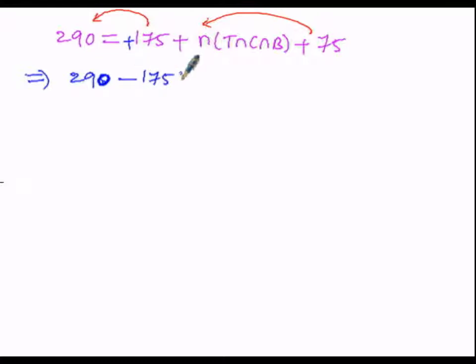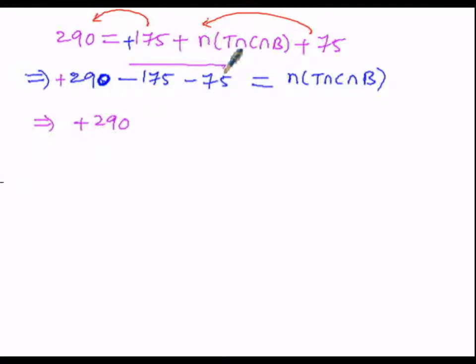Plus 75, when transposed to the left hand side, becomes minus 75. Then that is equal to, on the right hand side only n of T intersection C intersection B is left over. In the next logical step, I want to write 290 as it is. Now 175 and 75 have negative signs, let us add up.